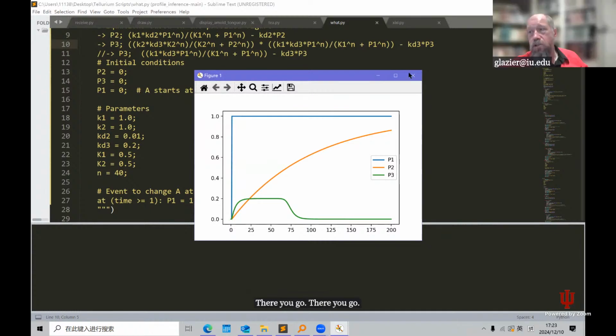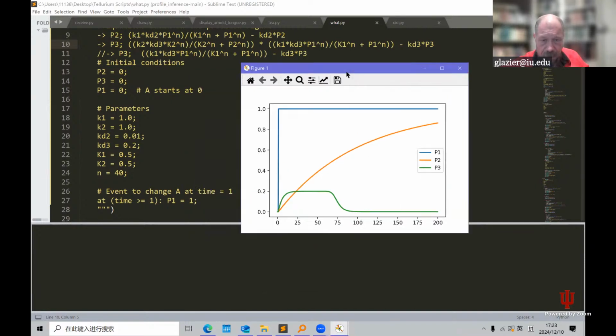Now there's still an issue, which is I don't understand why it's turning off when P2 is only at 0.2. So why is that? Let's look at that. So where is the P2?